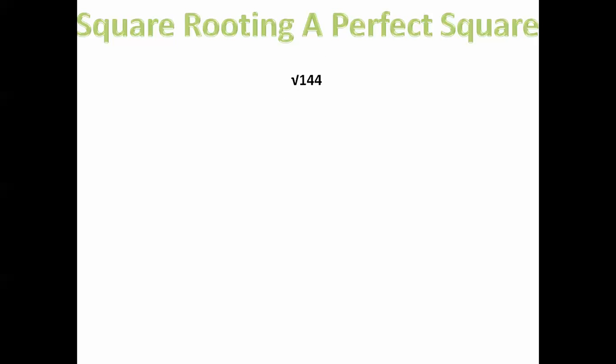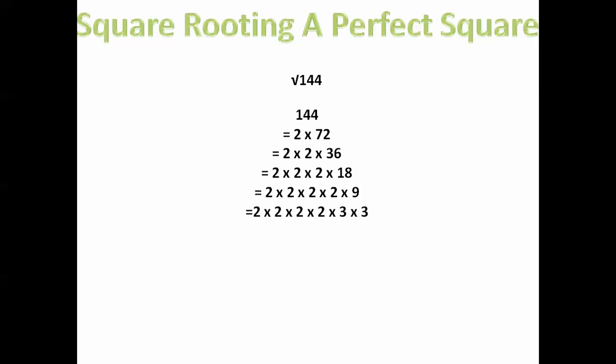Alright, square rooting a perfect square. The easiest way to do this is to break down the number under the square root sign. So 144 is equal to 2 times 72, which is equal to 2 times 2 times 36, 2 times 2 times 2 times 18, 2 times 2 times 2 times 2 times 9, which is equal to 2 times 2 times 2 times 2 times 3 times 3.